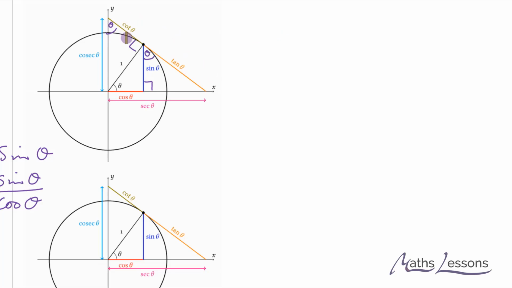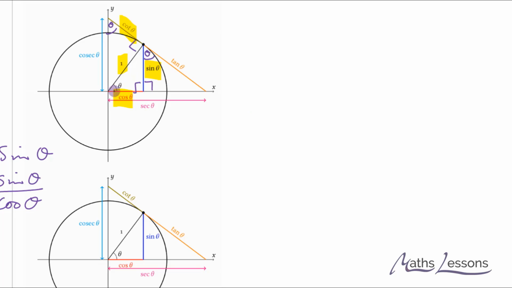We've got the theta and the right angle here, and if I draw the other right angle in here, we've got theta and the right angle here, so cot corresponds to cos. And therefore the sine theta side will correspond to the 1, because of the 90 minus theta angle and the right angle.